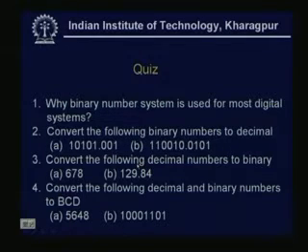This is just for practice: convert the following binary numbers to decimals, because here they are already in base 2 and I have to do the reverse one. Again, convert the following decimal numbers to binary, and convert the following decimal and binary numbers to BCD. I will stop today's class, and these digital number systems will be continued in the next class.